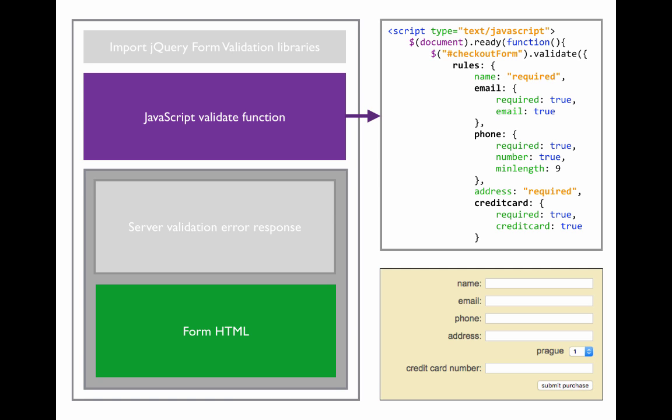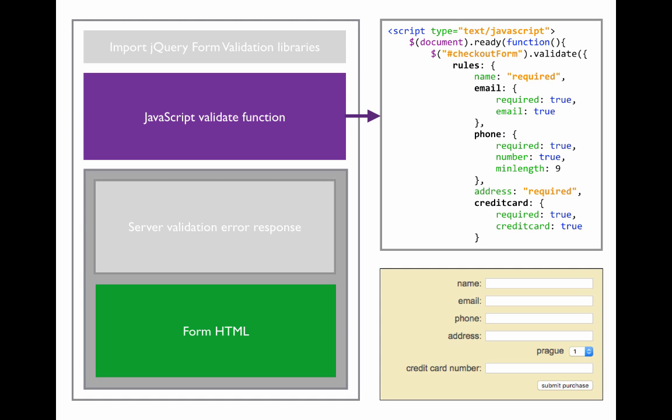If there are other rules for a field, the keys must map to an object, as the email, phone, and credit card keys do. For example, the email key maps to an object containing two mappings. Required maps to true, and email maps to true.